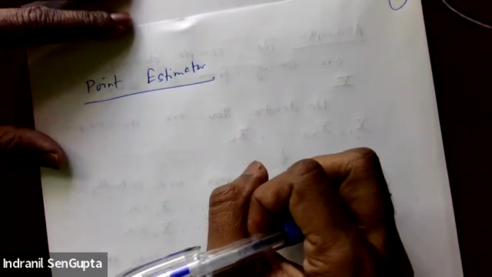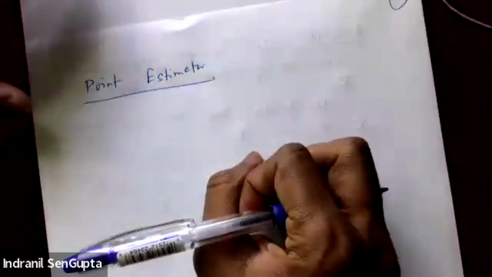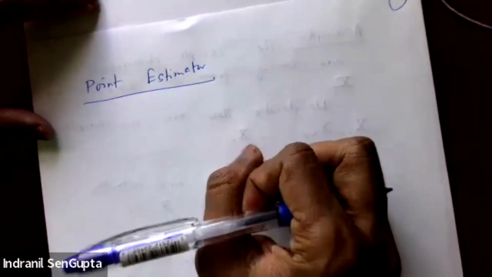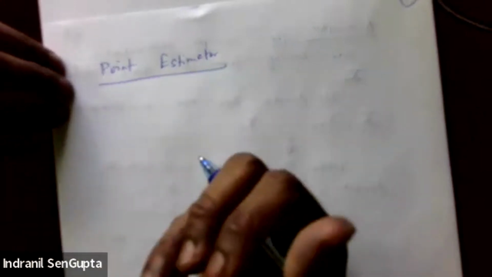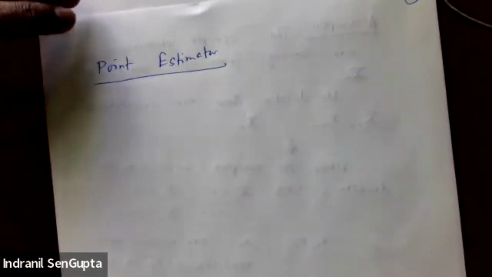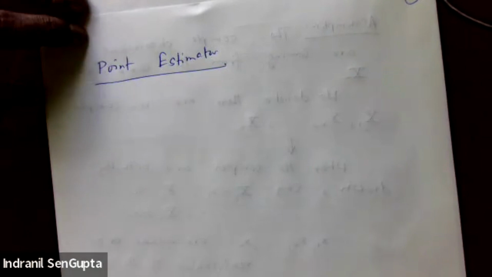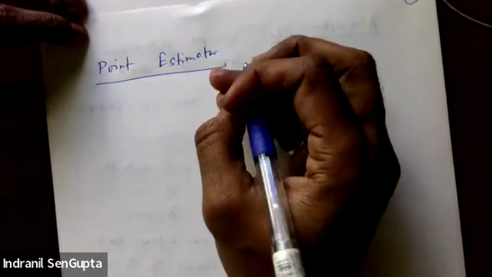So this is usually done with the help of the maximum likelihood estimator. We'll be studying this particular estimator in detail in a later part of this course. So at this point, we'll not really study it too much, but I have to mention it. So let me just mention it.